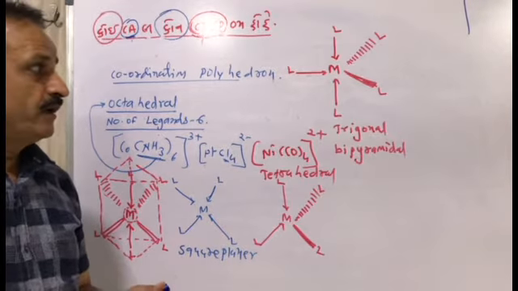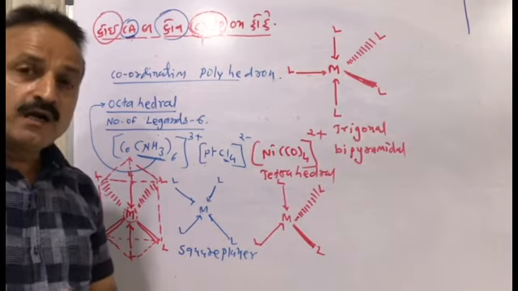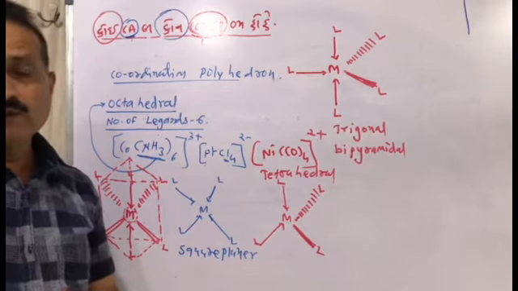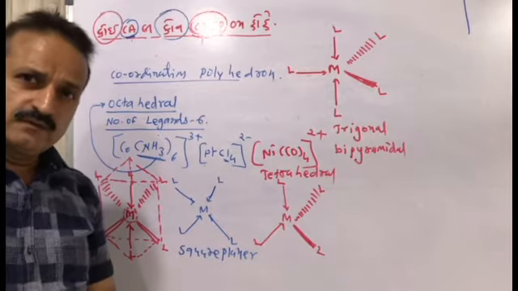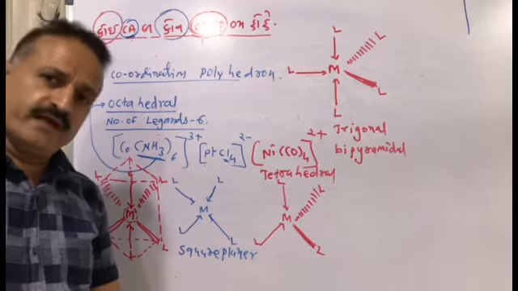And last we have trigonal square planar, that also depends on the number of ligands.